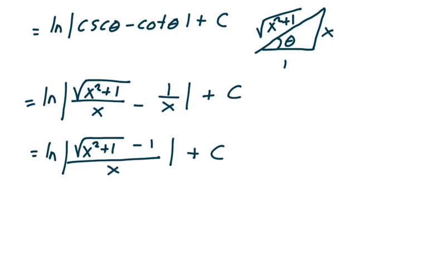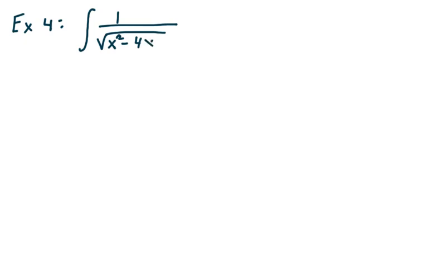So I wanted to give you another one that involves trigonometric substitution. So I'm going to go ahead and do this one. This will be example 4. If I have the integral of 1 over the square root of x squared minus 4x. So believe it or not, this is a trigonometric substitution. The way this works is you have to complete the square.